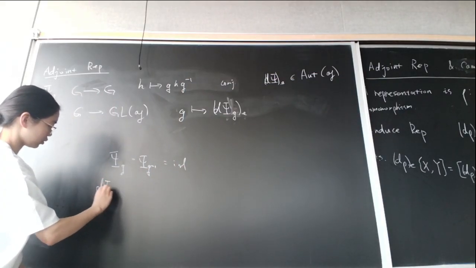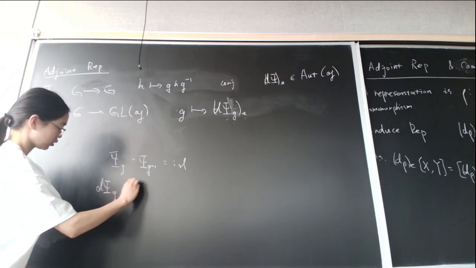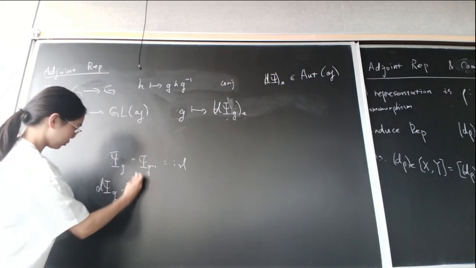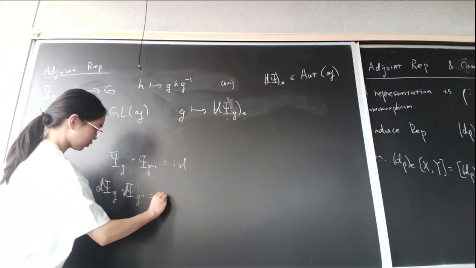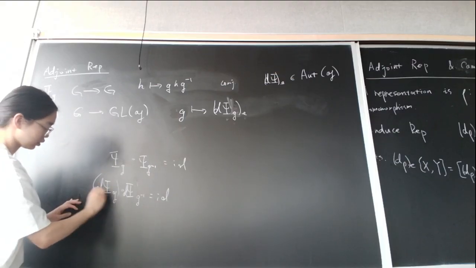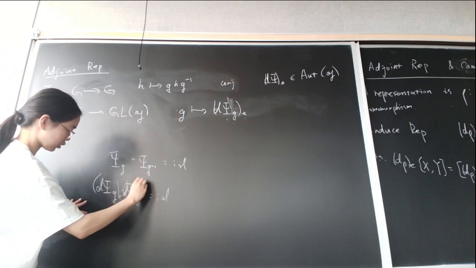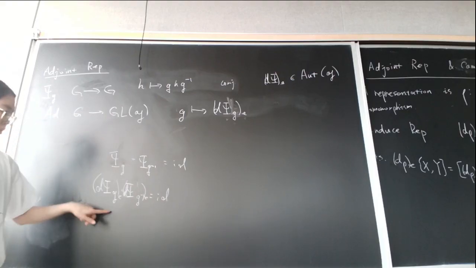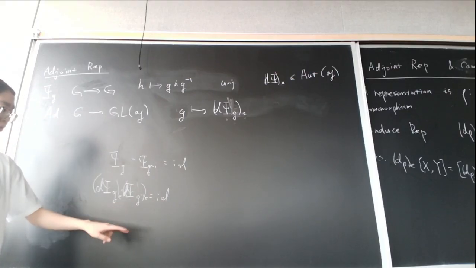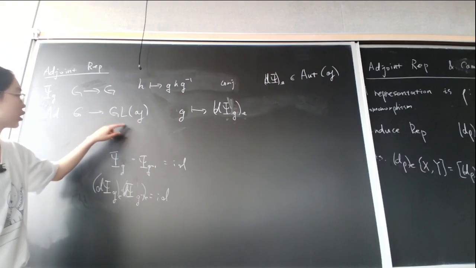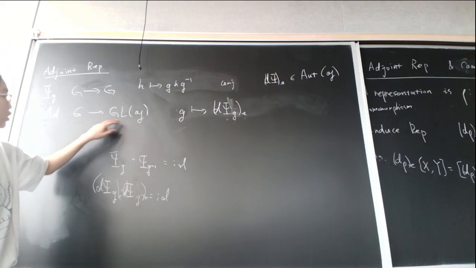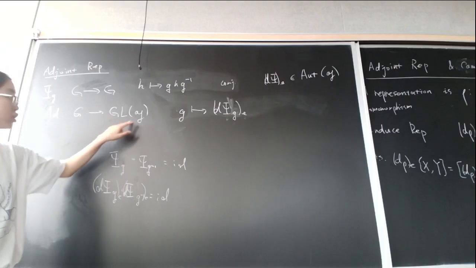So I just differentiate both sides. This is at E and this is also at E. So this is an invertible map. Because this is invertible, the codomain can be GL of the Lie algebra.